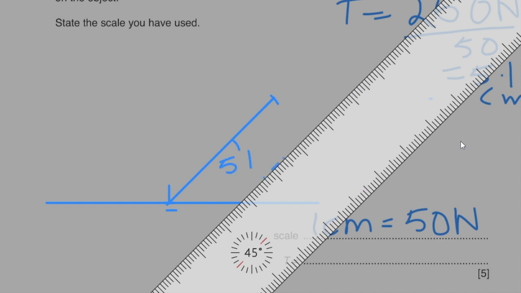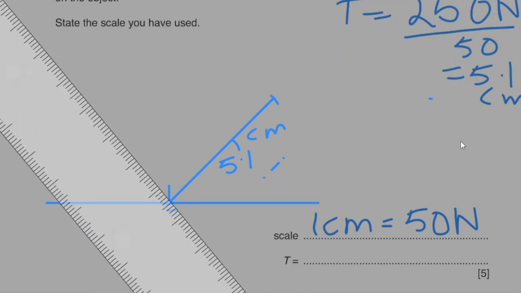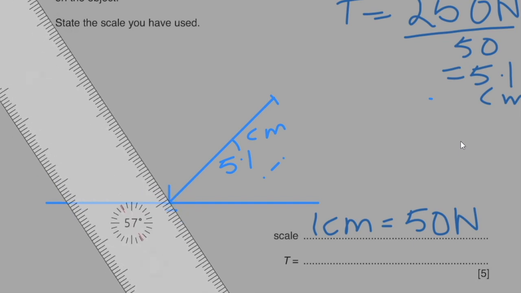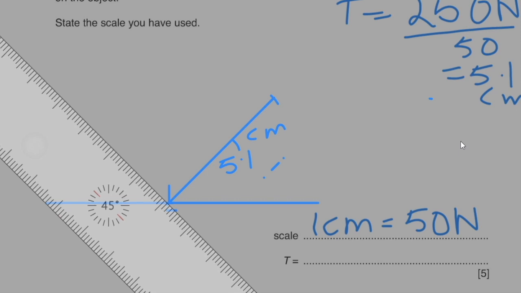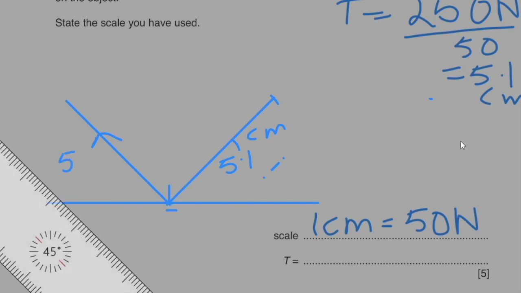I'll label it. Similarly, the other side is also going to be equal to 5.1 centimeters, drawn at an angle of 45 degrees. I have 45 degrees over here, and 5.1 centimeters, both of the lines.